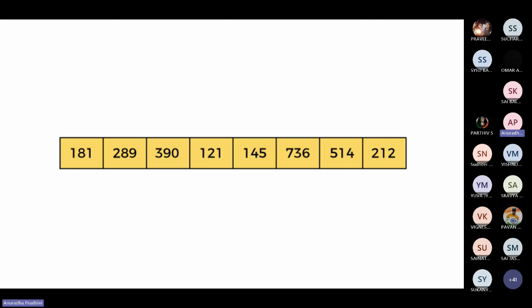Now 181. Its least significant digit is 1, so insert 181 into Q1. Next 289, that is 9, so insert 289 in bucket 9, or Q9.